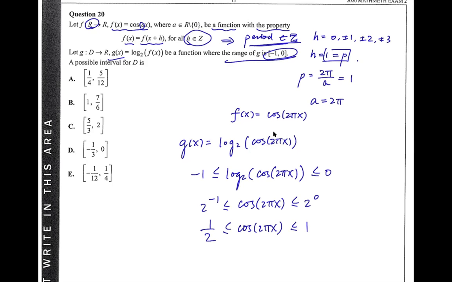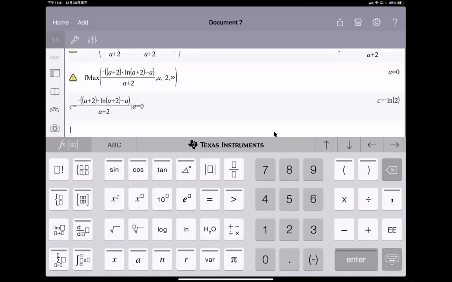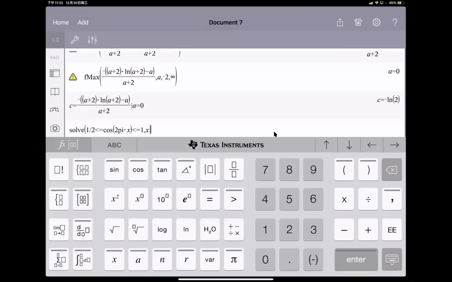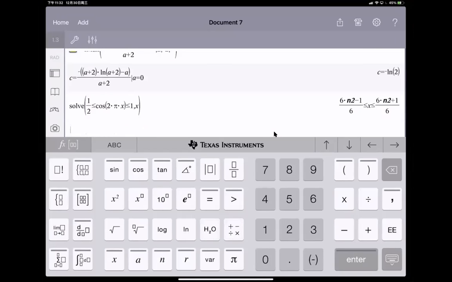Now, if we want to find a possible interval for the domain, then let's try to solve this equation for x. Solve. One over 2 smaller than or equal to cosine 2 pi times x smaller than or equal to 1, comma x. And you should get a domain like this.